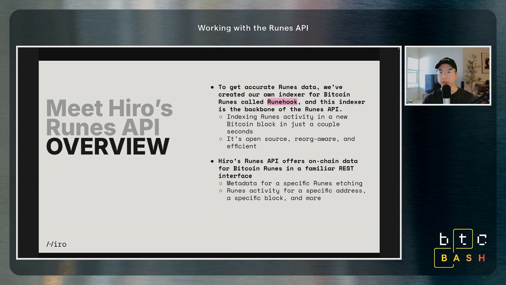And it's important to note that these runestone messages that are in Bitcoin transactions are not read at all by the Bitcoin Core node. Bitcoin nodes don't care about these messages. They don't interpret or process these messages. And this is where dev tools such as Runehook comes into play.